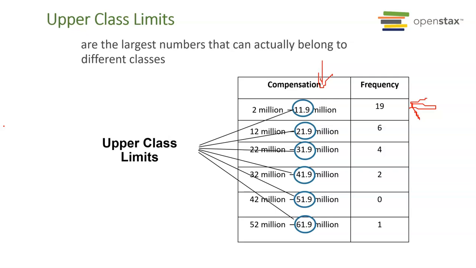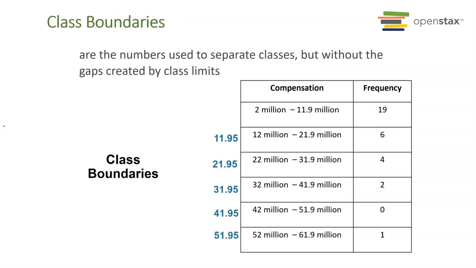Now, what if you had somebody that made like 11.93 million? What do you do with them? Do you put them into this one, or do you put them into this one? Those are called class boundaries, and those are things that you set. Like, what are you going to do with those in-between values? Most people round mathematically.